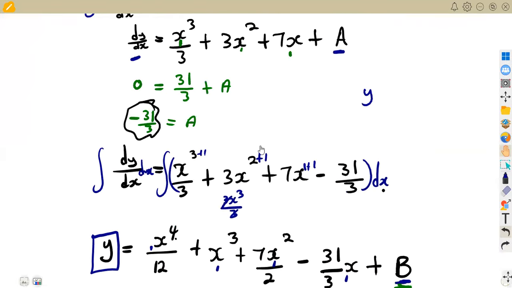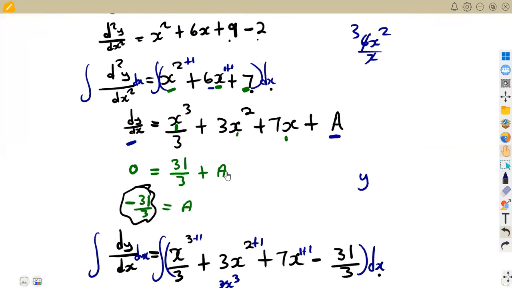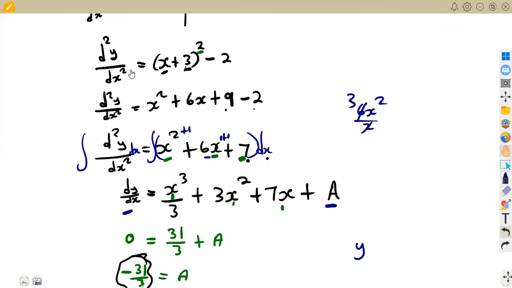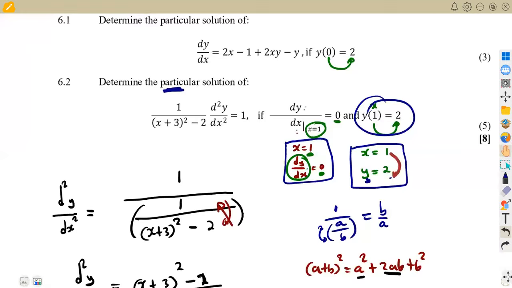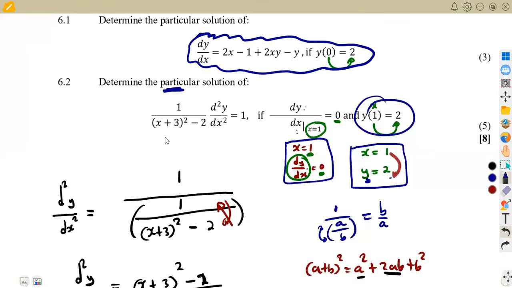Working with the second order derivative, you have to differentiate throughout until you obtain y. But working with the first order, in this case, this part, it was of the first order. What you need is to separate your variables. So work with the condition that you are given. How are you going to separate? Sometimes it's not by factorial, sometimes it's direct, sometimes you just work with the condition that you are given.